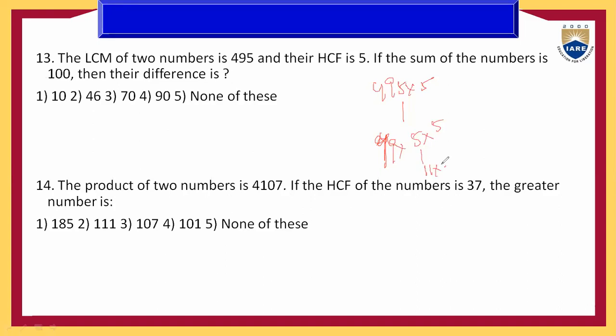We write it as 11 into 9 into 5 into 5. 5 with 11, 5 with 9: 11 fives are 55, 9 fives are 45. We add these two numbers and get 100, so the sum of the numbers is 100. Now the difference of 45 and 55 is 10. So option number 1 is the right answer.